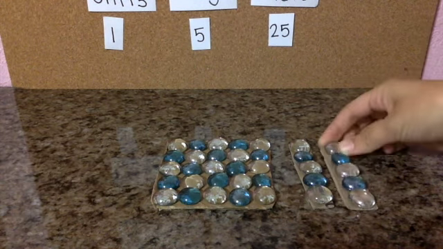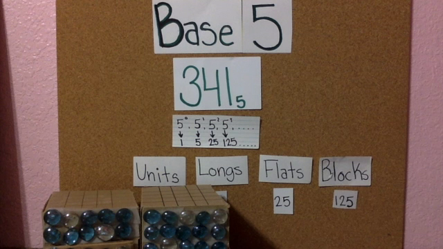Now we're going to continue, and we're going to represent the number 341 in base 5 blocks. We are going to be using units, which are 1, longs, which are 5, flats, which are 25, and blocks, which are 125.